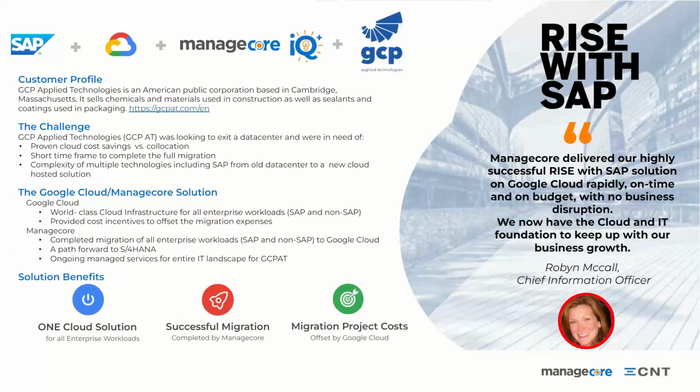As part of that, we also helped them refactor their network in terms of security and implementing SD-WAN. At the end of the day, Managecore was able to take on the managed services for the environment and perform that migration, which ultimately got them the reduced cost of decommissioning the data center. But we were also able to take care of the transformative opportunities within Google Cloud.